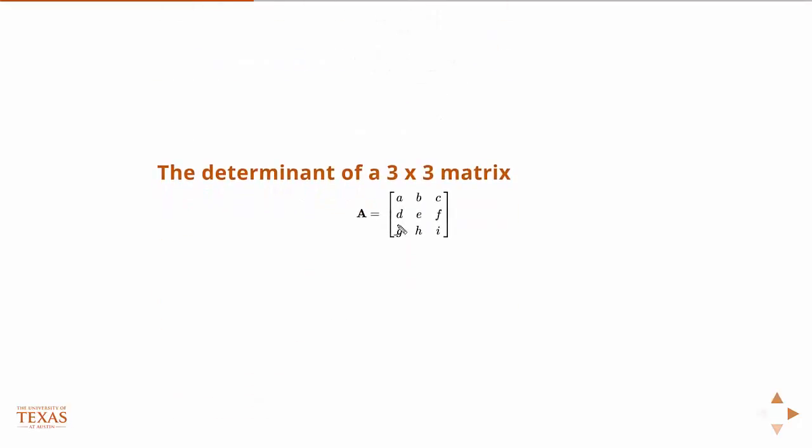So the determinant of a 3 by 3, there's the formula for it, but again, it's actually not as complicated as it looks. Basically, you take A and cross out the rest of the entries in its row and column, and then you multiply A times the determinant of what's left.